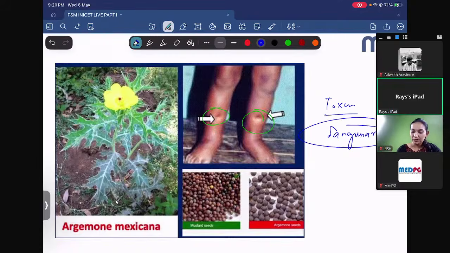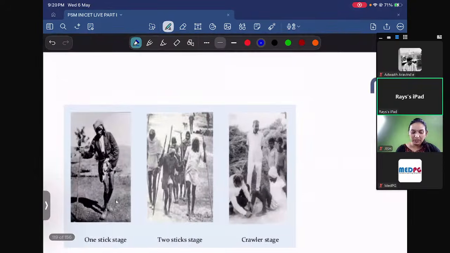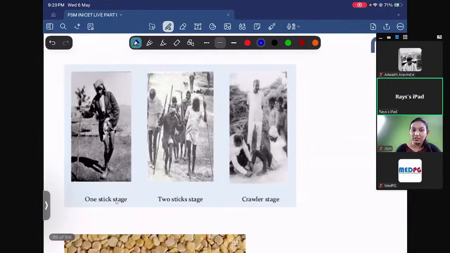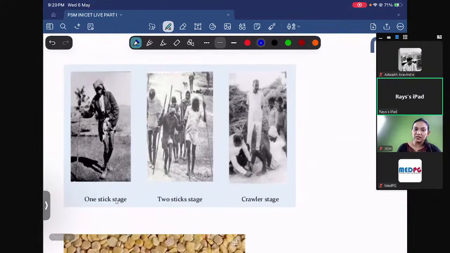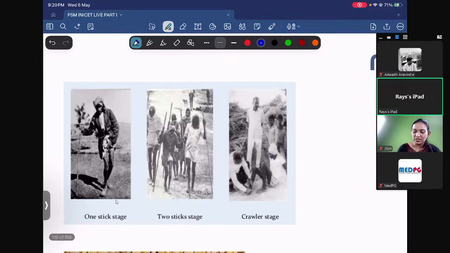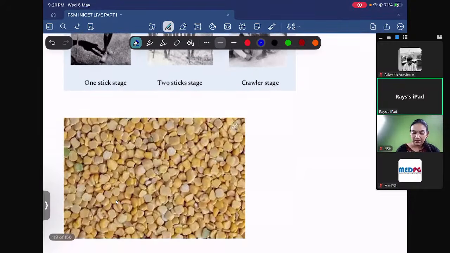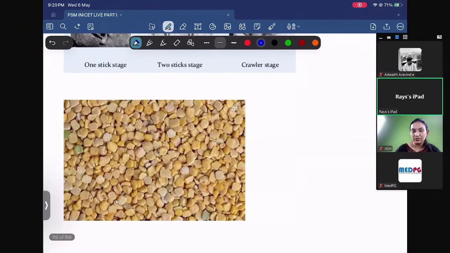Another most commonly asked adulterant and the disease associated: you have a one-stick stage, a two-stick stage, a crawler stage associated with kesari dal. We're talking about neurolathyrism. Neurolathyrism is caused by prolonged consumption of kesari dal.